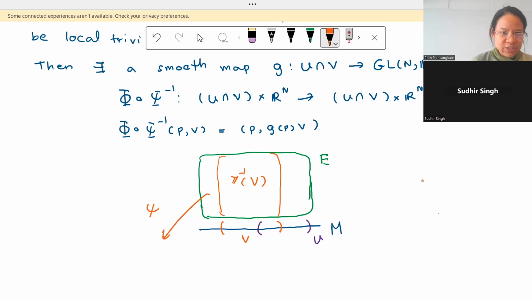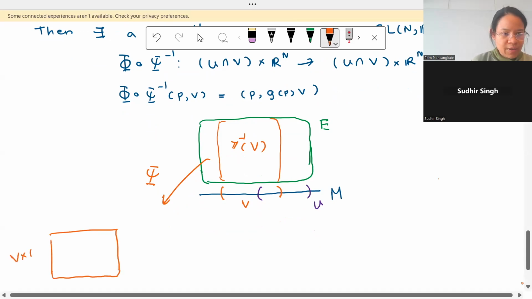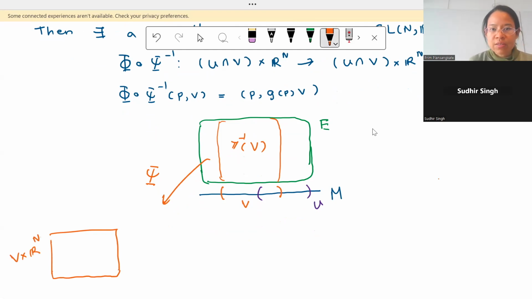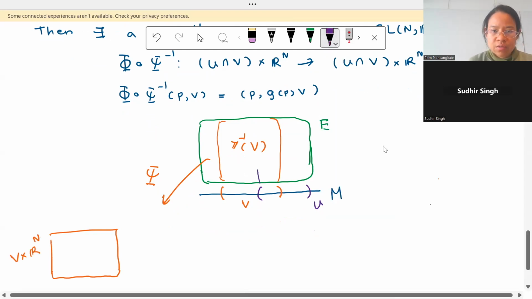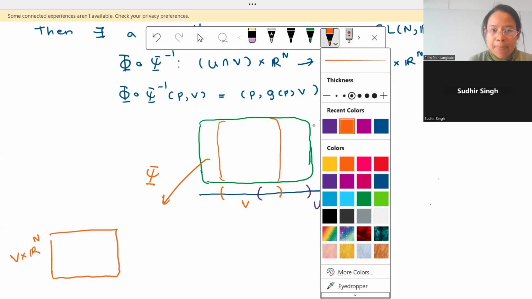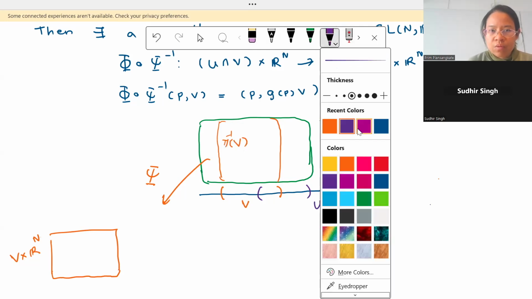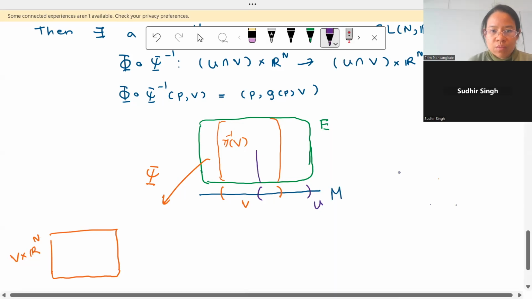The trivialization psi maps this to V cross R^n.